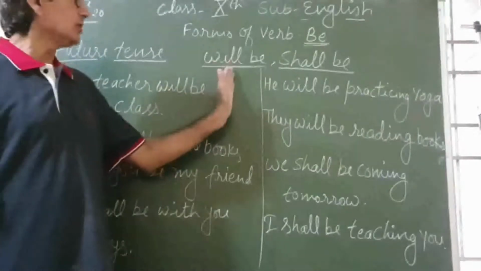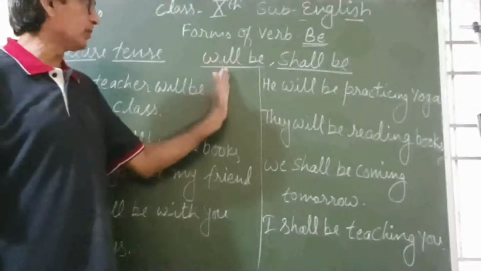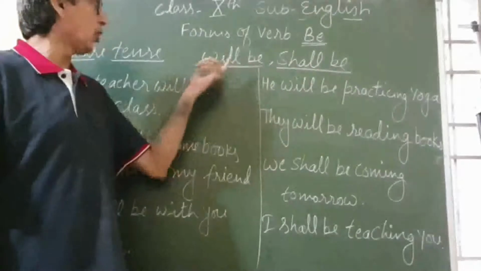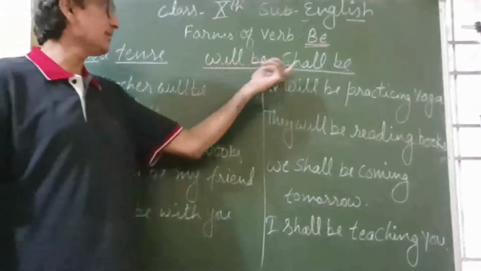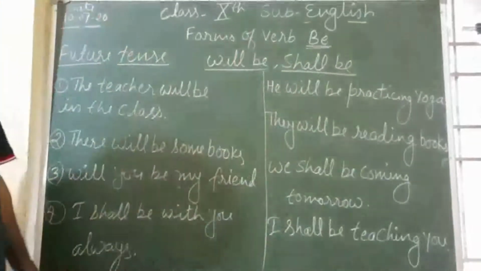As you are seeing here, the two forms for future tense are will be and shall be.